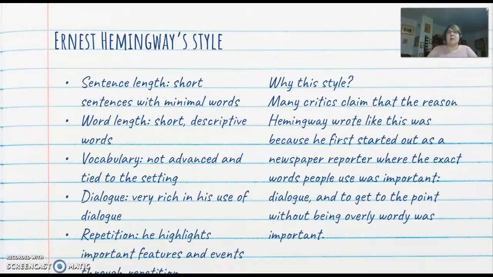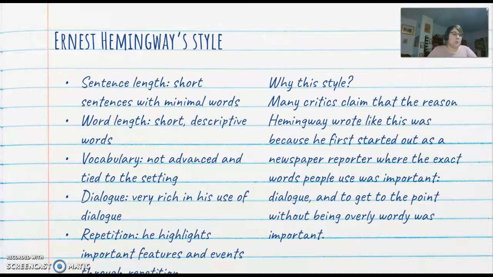Now, we often wonder, why does he use this specific type of style? Obviously, in all of his books, it's very similar in his novels and novellas. Why would he write this way? Many critics claim that he developed this style because he was a newspaper reporter.